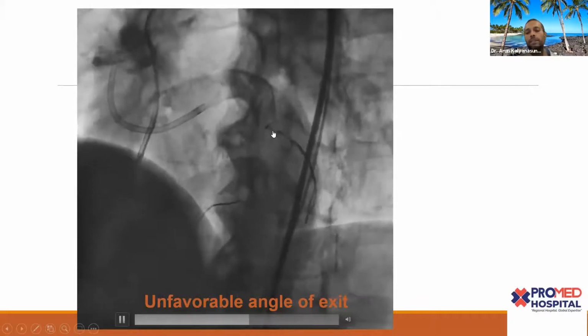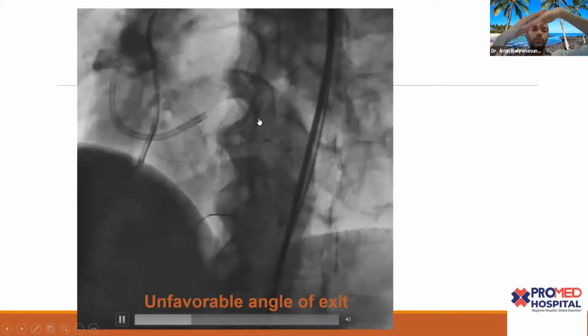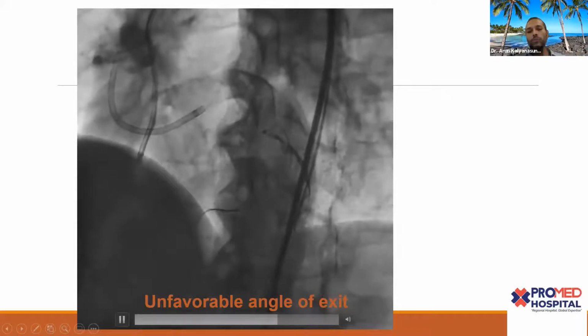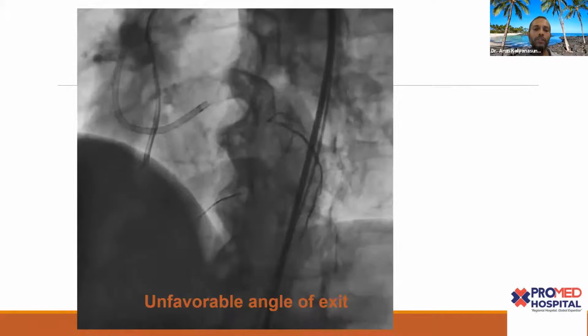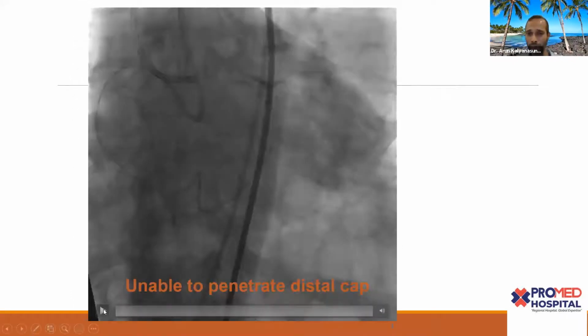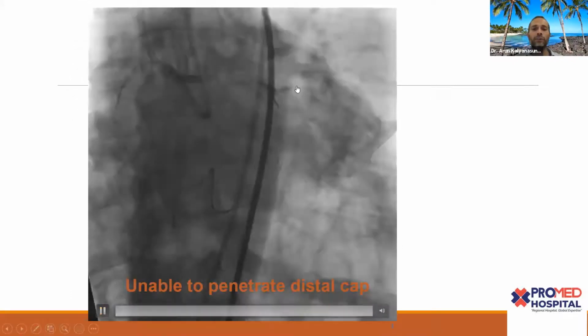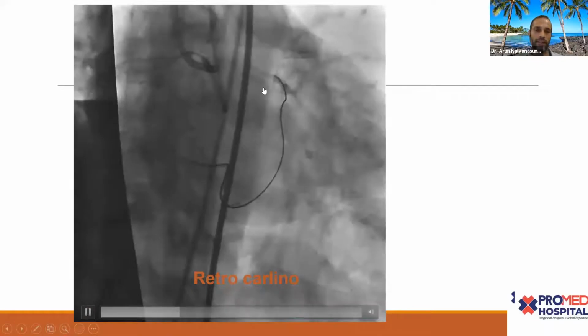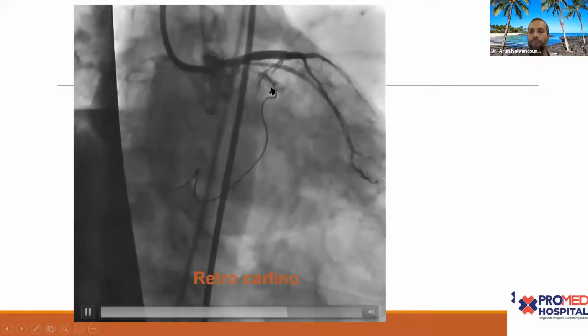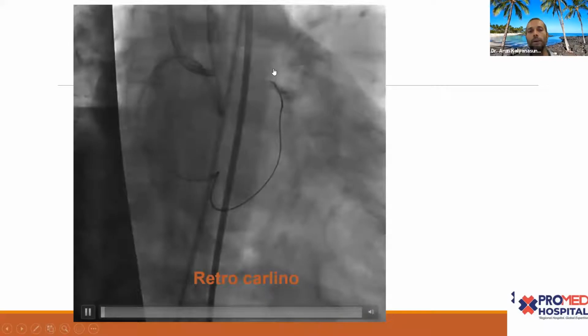So it's super challenging for me to do reverse CART if I'm not able to get stuff in. So what do you do in these situations? This is another way you can manage these challenging situations. In fact, what I did was a retrograde Carlino, where I intentionally dissected the vessel into the circ.